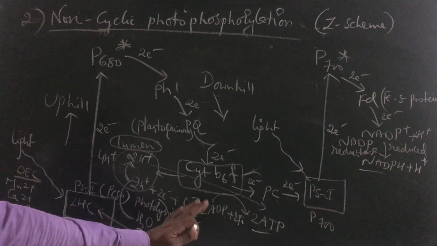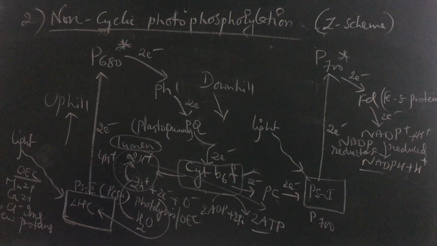Why do 4 protons give 2 ATPs, that we'll study here. So keep the heading chemiosmotic hypothesis or photophosphorylation.